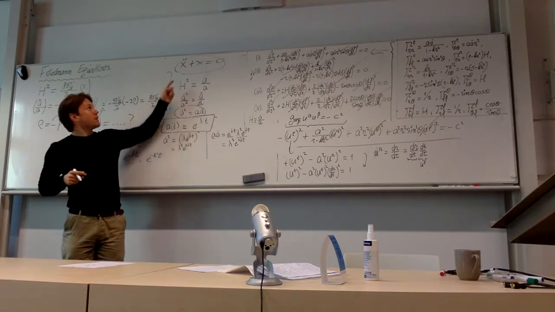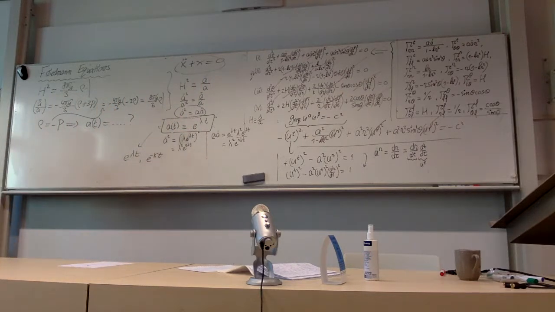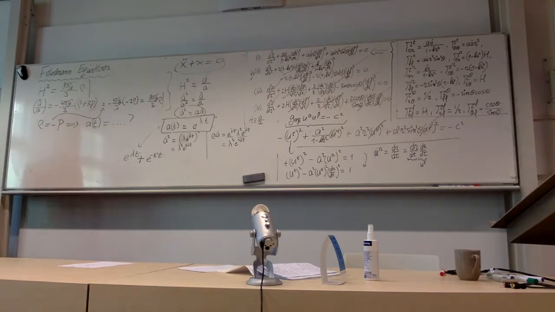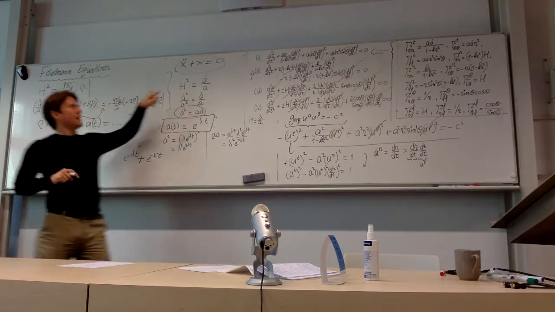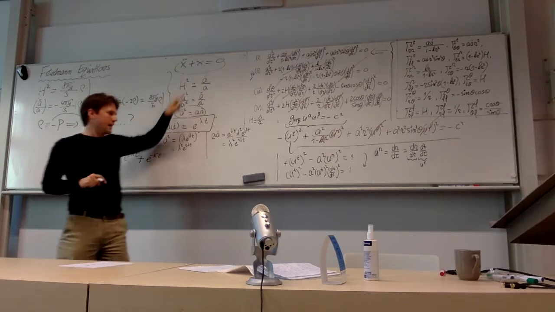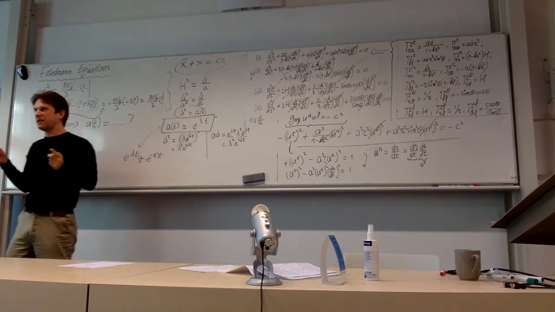Now, this idea that if you have 2 solutions, then the sum of these 2 is itself a solution only works for linear differential equations. We don't have a linear differential equation, so it's not certain that this combination is also a solution. They are a piece, but their sum might not be. I say might not be, because the mathematical claim is, here it is guaranteed that the sum of 2 solutions is a solution. Here it is not guaranteed for a nonlinear differential equation. It might still be the case, but it's not guaranteed.